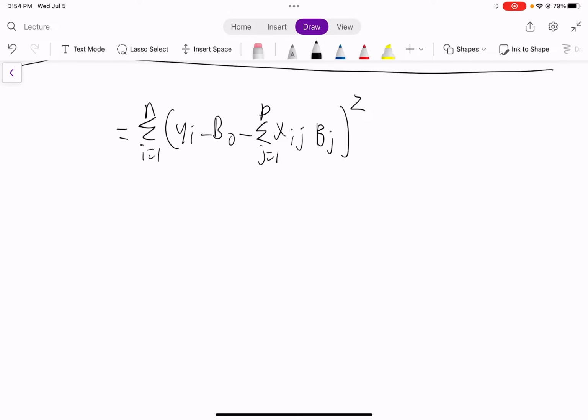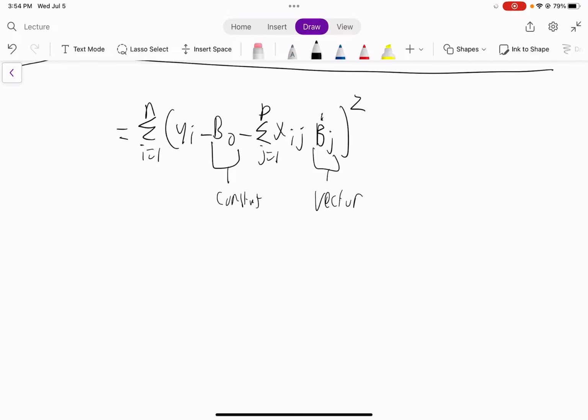Well, let me just make sure we understand what we're working with here. I believe this is a constant. This is a constant, it's unknown. This is a vector. Well, actually, let's be more clear.